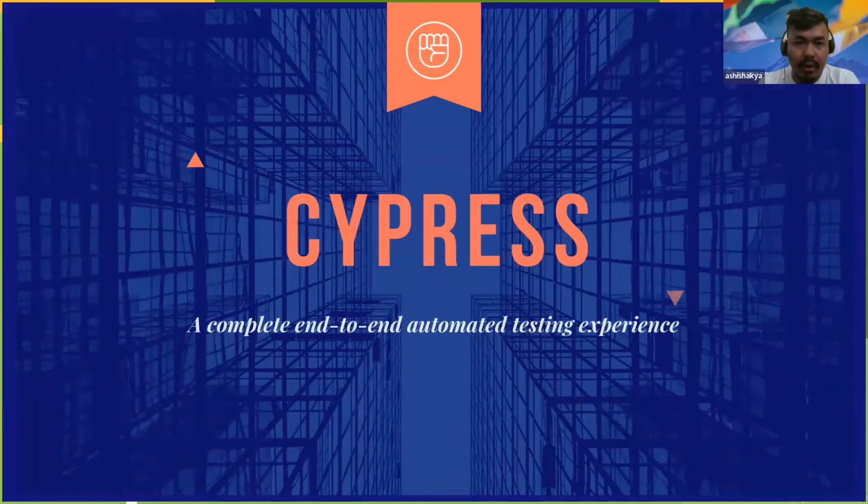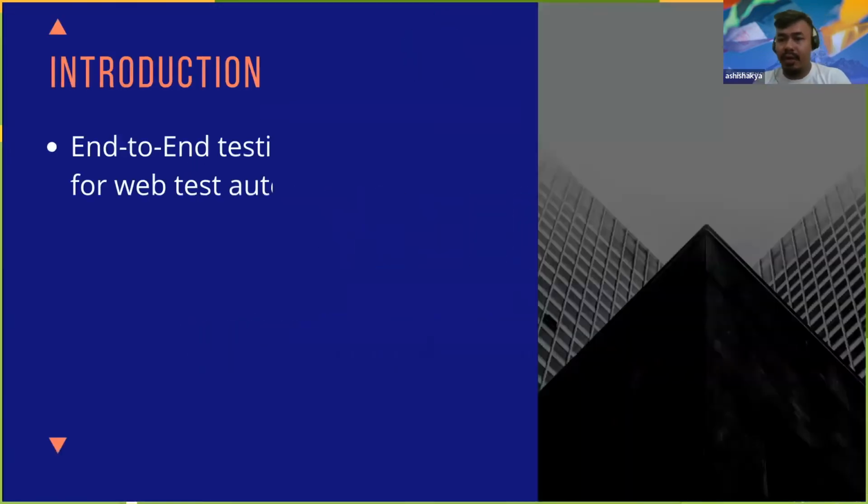So starting with an introduction, what is Cypress? Initially, Cypress is an end-to-end testing framework. So what does end-to-end mean? End-to-end is the process of delivering a task or testing as if a real user were performing those actions. These actions can be anything.